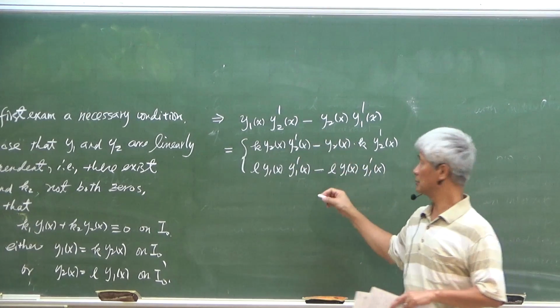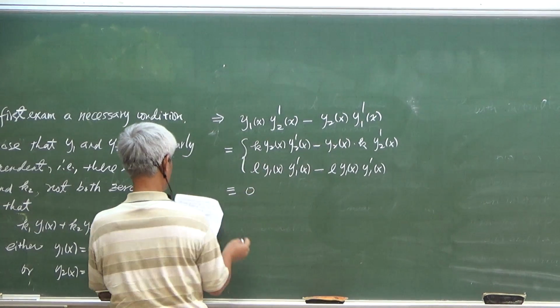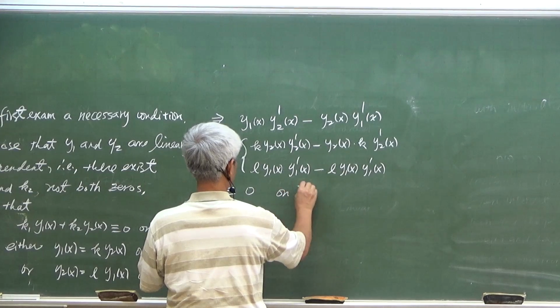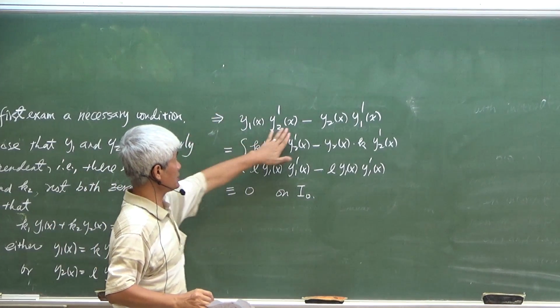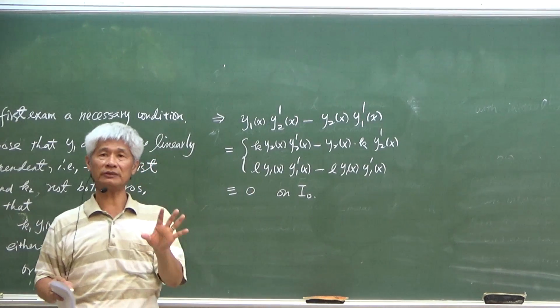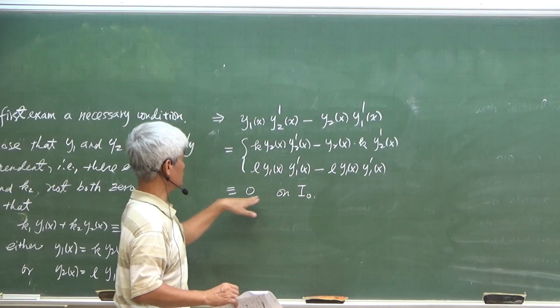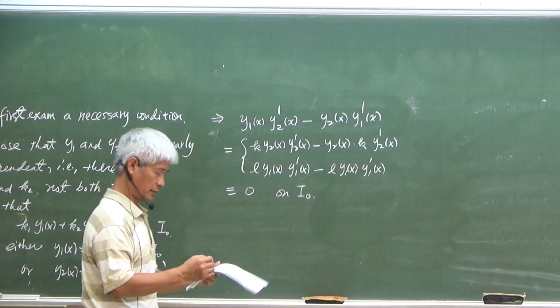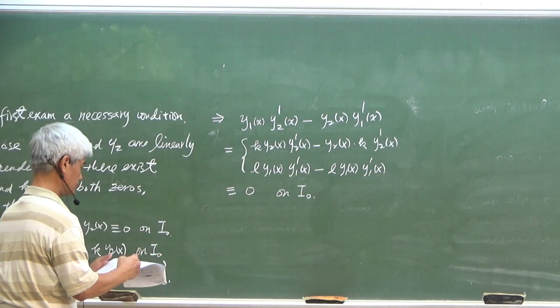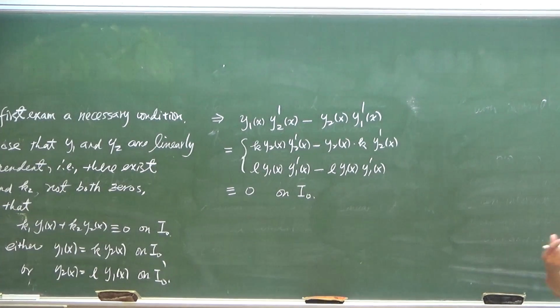So the result is 0. This expression is actually a function of x, but the terms cancel each other, so you can see that it is 0. Okay, so this is a necessary condition. It's necessary.